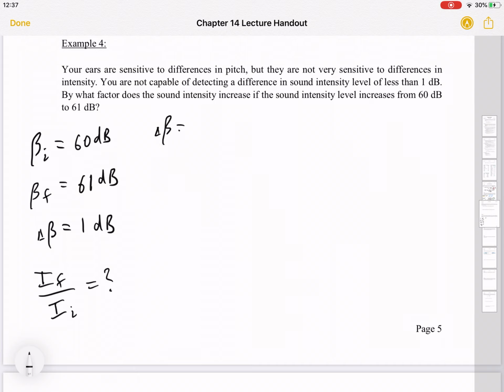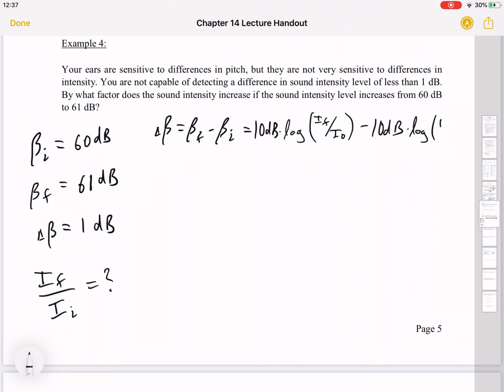Delta beta is beta final minus beta initial. That's how I got this delta beta on the left-hand side here. But I could fill in the equation for each of those. That's 10 decibels times log I final over I naught minus 10 decibels log I initial over I naught.